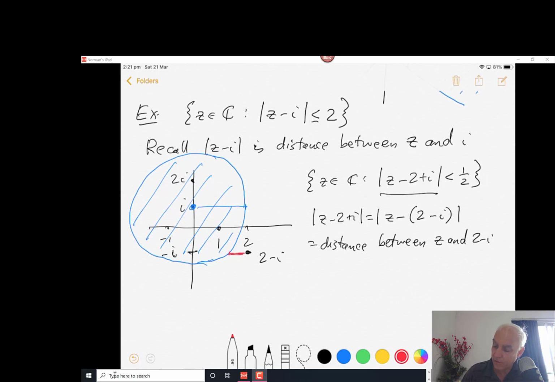So it'll be a smaller circle like this, but the inequality here is a strict inequality. So we should actually replace this circle with a dotted circle, and look at the interior of that. So the actual boundary of the circle is not included.